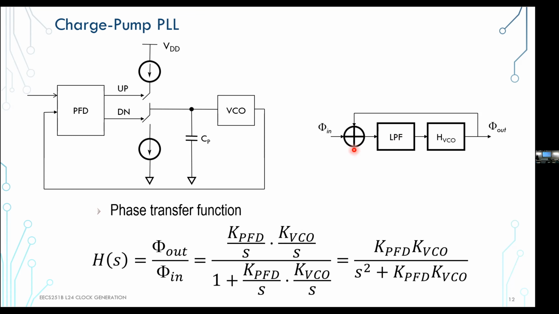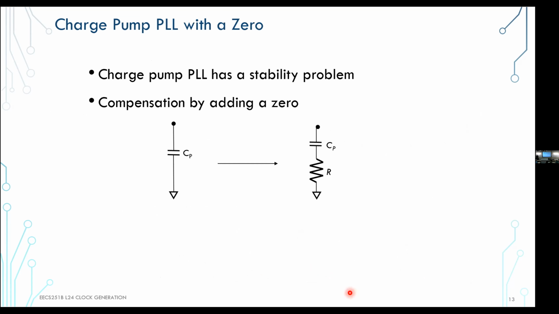And then just normal feedback loop, I get essentially H over 1 plus H, right? Where H is this total transfer function. And you see immediately we get a second order thing. Okay. Now, this has a bit of a stability problem, right?